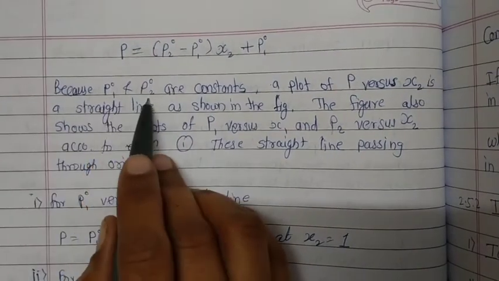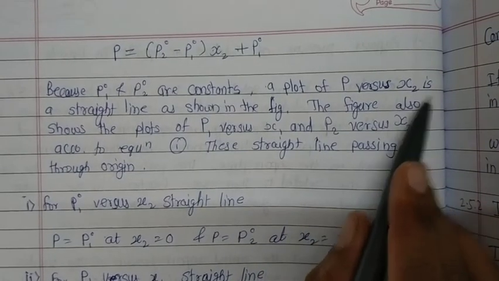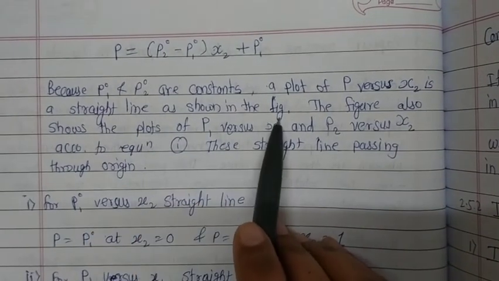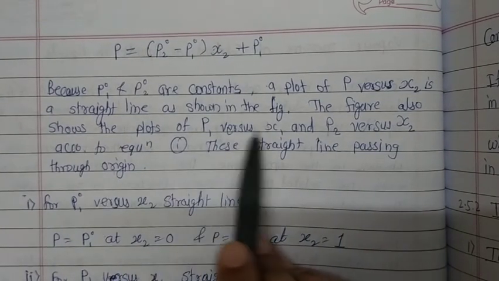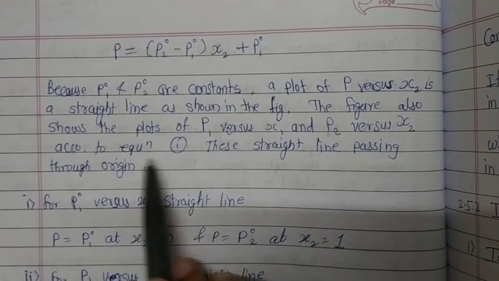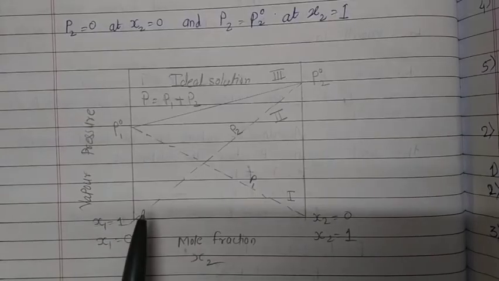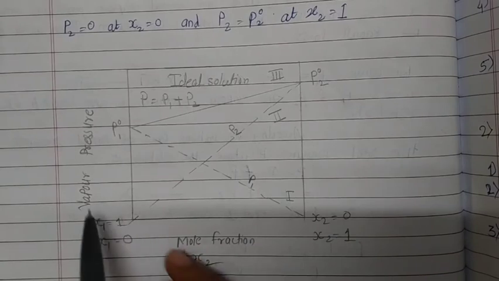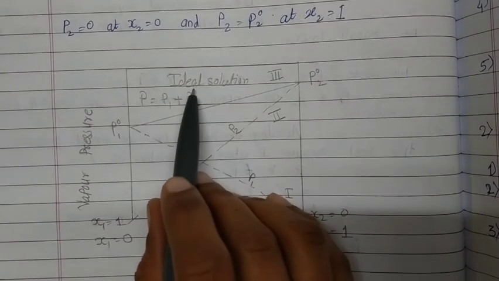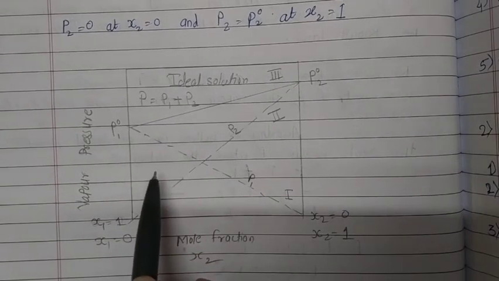Because P01 and P02 are constants, a plot of P versus X2 is a straight line as shown in the figure. The figure also shows the plots of P1 versus X1 and P2 versus X2 according to equation 1, the straight lines passing through the origin. Here on the x-axis is mole fraction, on the y-axis vapor pressure. This is the ideal solution. A1 and A2 are the liquids kept in a closed container.